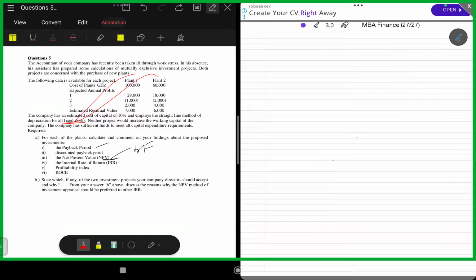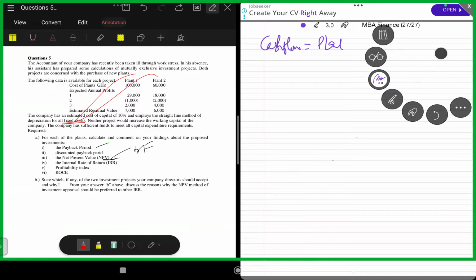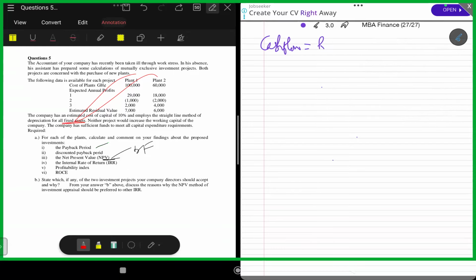But then we need to find a cash flow. We are not using annual profits. We need to find a cash flow. So for us to find a cash flow, what do we do? Sorry, we have to add the profits on each plant to the depreciation.